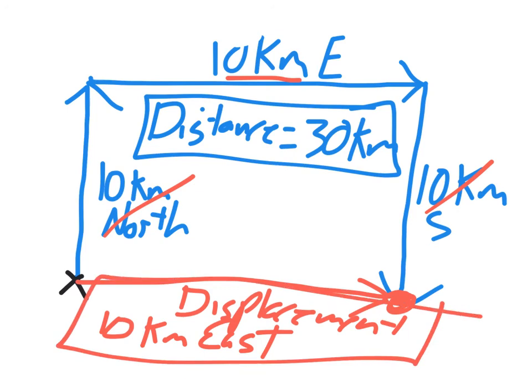And both are important for different things that you might use it for. Again, if I'm counting calories, you better believe I want to know my total distance. I don't care about my displacement. But if I'm trying to find my GPS location of the exact point I got to, I want to know my displacement, because there's probably a bunch of different routes to get to this. I could have taken all kinds of different things.